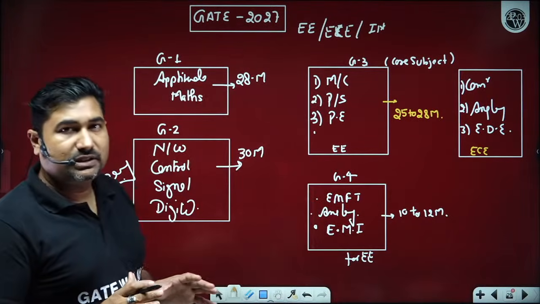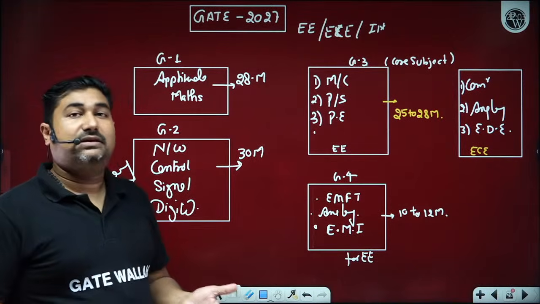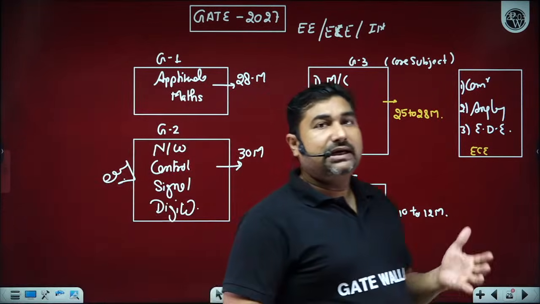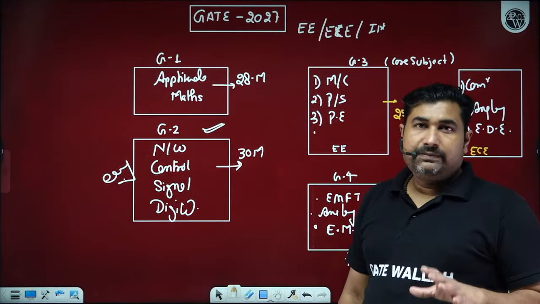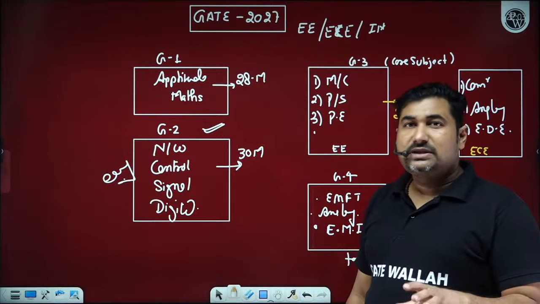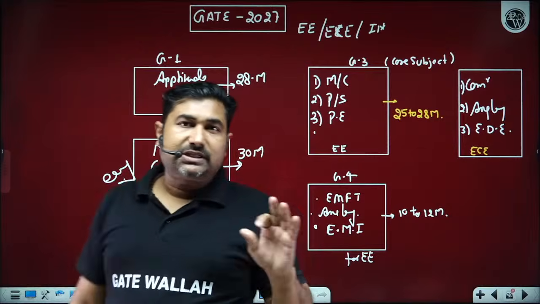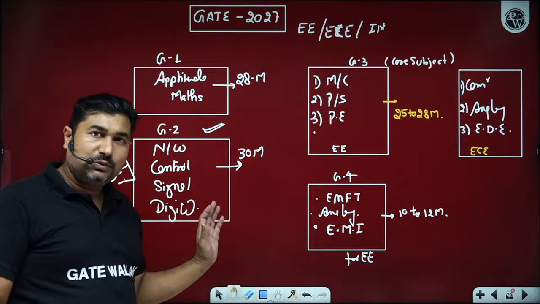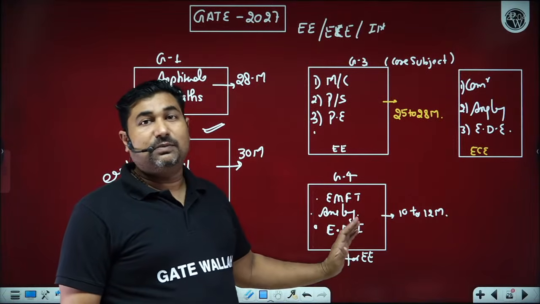Now please observe why I am making these groups. If someone is trying to start their preparation now, it is recommended to go with group 2 first, because it will make it possible to understand the rest of the things. This is a very basic group. You must start with group 2, and then you can move to either group 3 or group 4 depending upon your preferences.